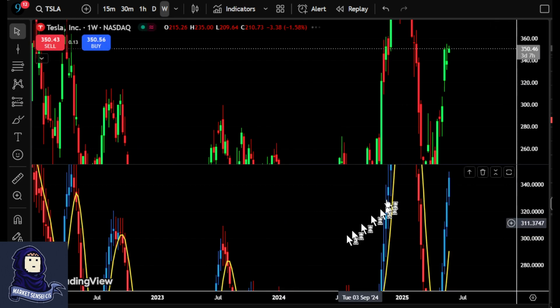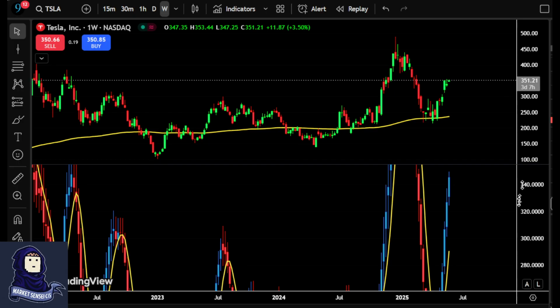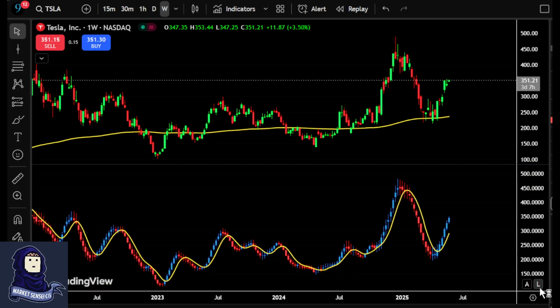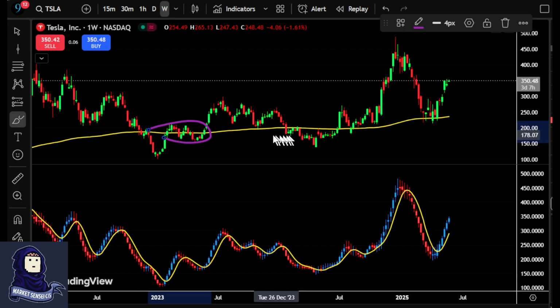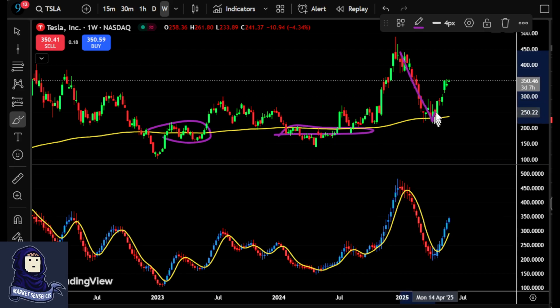So let's check out the weekly again. Okay, let's align it well. If you look at the normal chart, if you're trying to time this entry upwards, you know that there is some kind of support on this moving average line. You can see in the past it respected it many times. So you're almost certain that when it goes down here, it's most likely to bounce and then go back up.